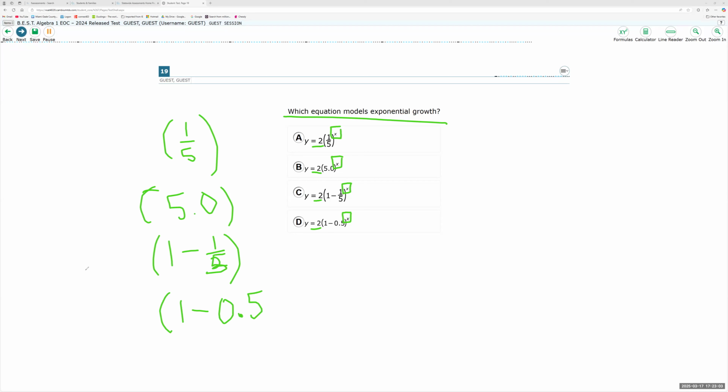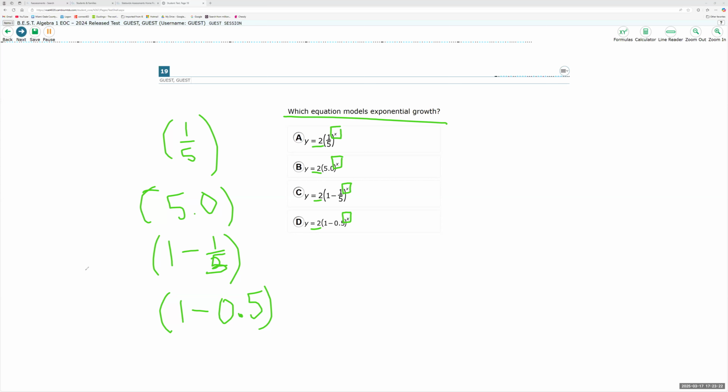So the only one that's greater than 1 is 5. That is exponential growth, because the other ones are less than 1, they're fractions. And when we raise a fraction to a power, the fraction becomes smaller, not bigger.